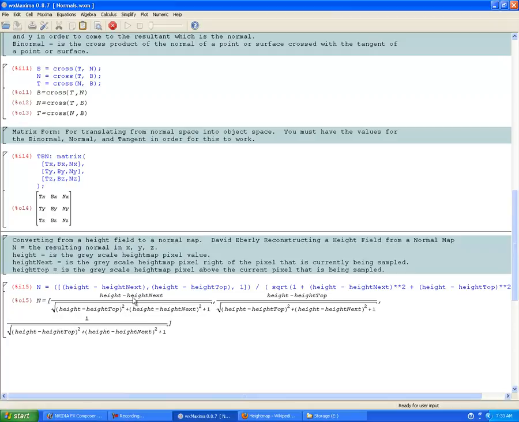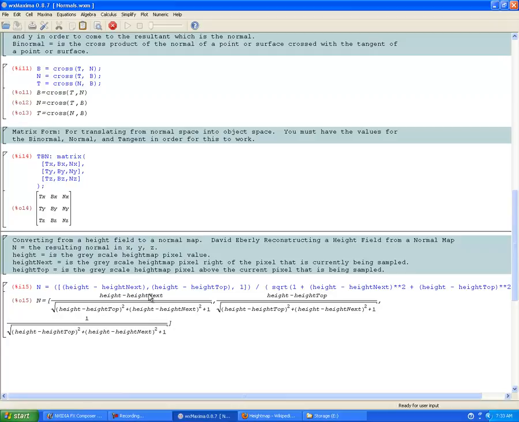And then you're going to say height minus height next here for X. Why X? Because it's going to be going in that direction to the right for that right value there. In the case of height top here, again, what is this one? RGB, right? Which is X, Y, Z. So height is going to be the top one.